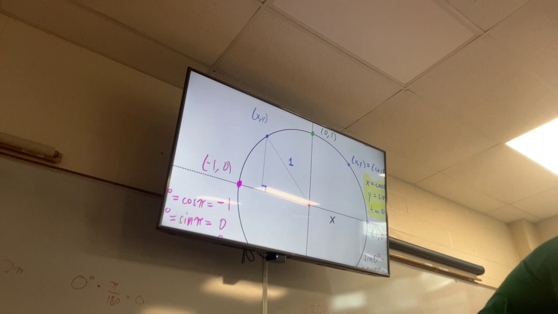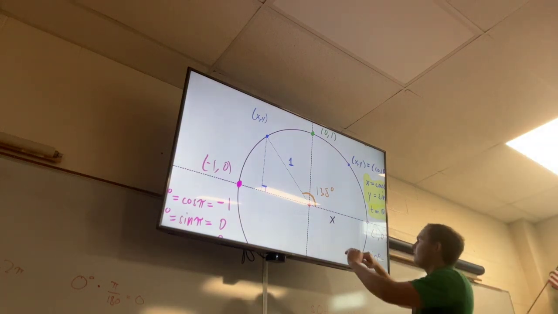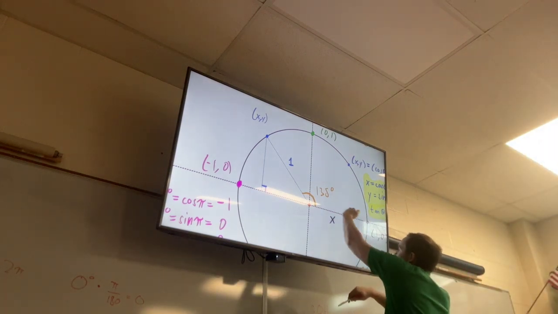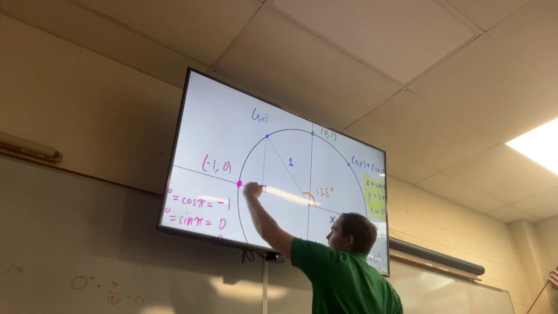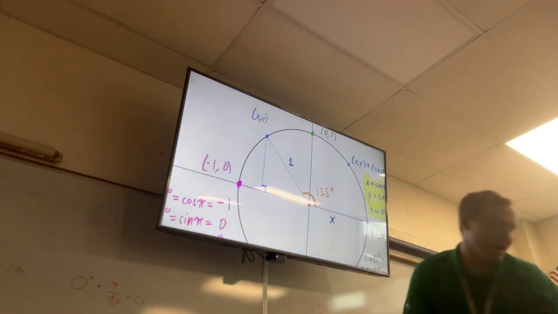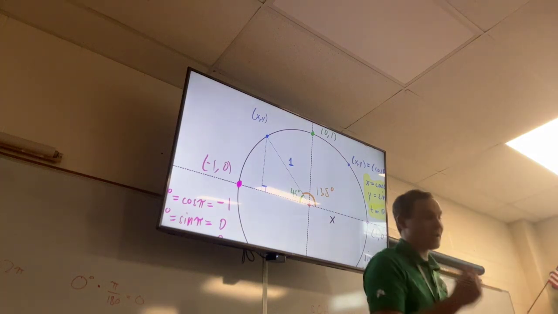So this angle right here is 135 degrees. If I go from 0 degrees to this line, I went around 135 degrees. If this is 180 degrees right here, what's this smaller angle inside that triangle I just drew? It's 45 degrees, yep.